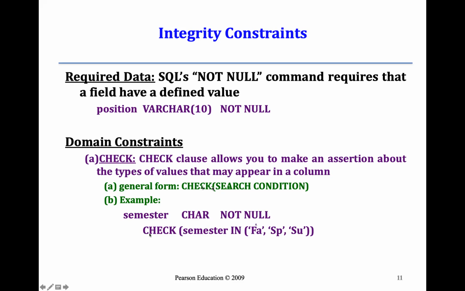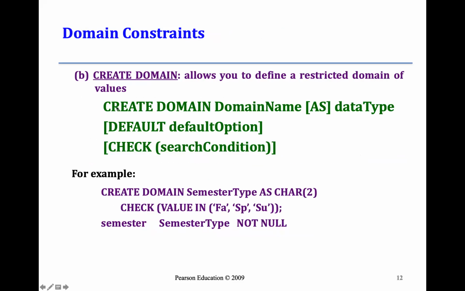We can put this check clause right with the declaration of the attribute, or in SQL, we're allowed to create new types. Just like in C, you have typedef, and you can create classes or structs. Here, you can create a new type by calling it create domain.